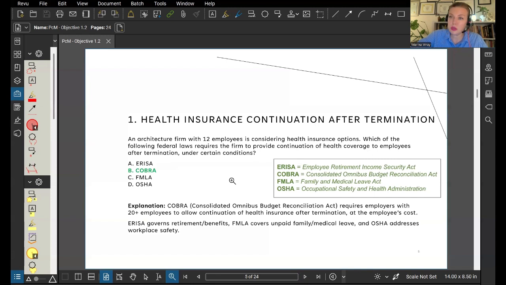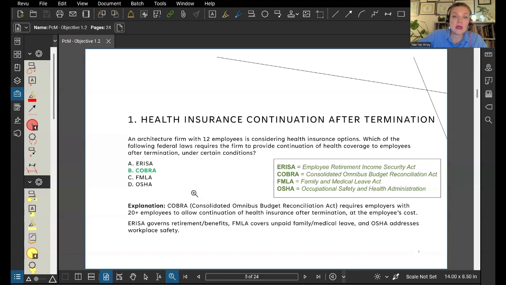And if you don't know these abbreviations, I highly recommend to take notes and just make sure that you really understand what's going on here. So ERISA is the Employee Retirement Income Security Act. COBRA is the Consolidated Omnibus Budget Reconciliation Act. FMLA is the Family and Medical Leave Act. And OSHA is the Occupational Safety and Health Administration, which is totally irrelevant to our insurance question.